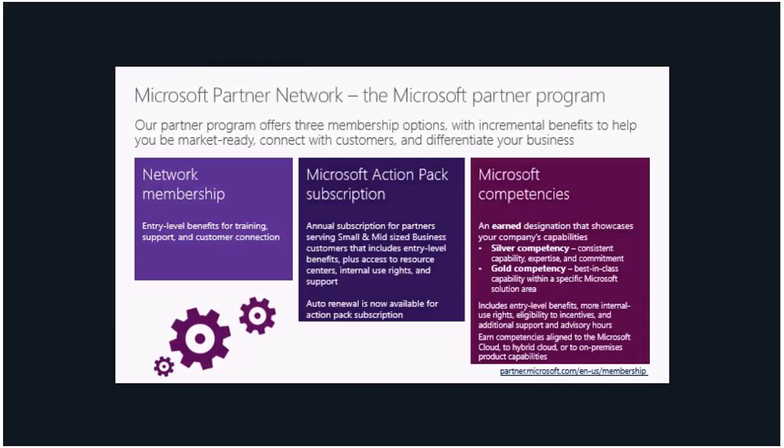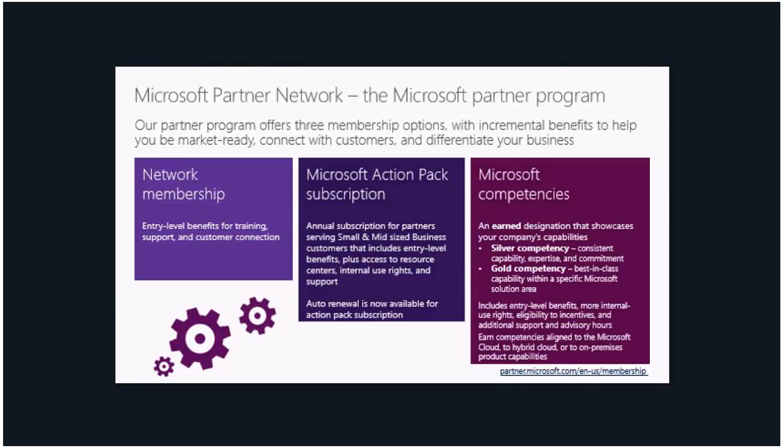So to give you a quick overview of the Microsoft Partner Network, there are three membership options: Network Membership, Action Pack Subscription, and Competencies. Network Membership is free. You get some entry-level benefits, connection to other partners, and customer connection. The Action Pack subscription is a paid annual subscription. It's meant for small and mid-sized businesses.